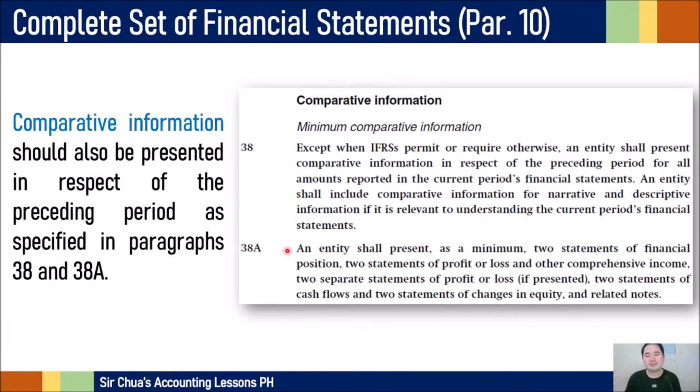Lalo na po on the items that you are presenting supporting calculations. Let's say, for example, what are the components of the entity's trade and other receivables? It's not just only about 2021, you should also present comparative information for 2020 on the components of the trade and other receivables. Okay, so even the notes to financial statements should include comparative information.